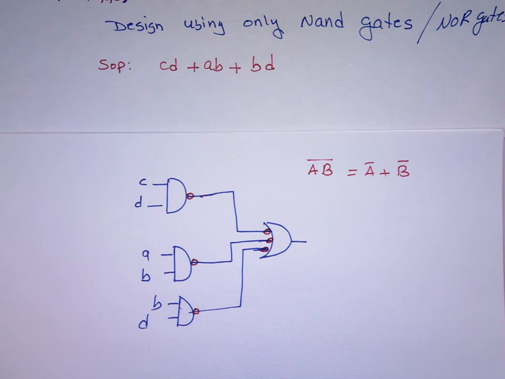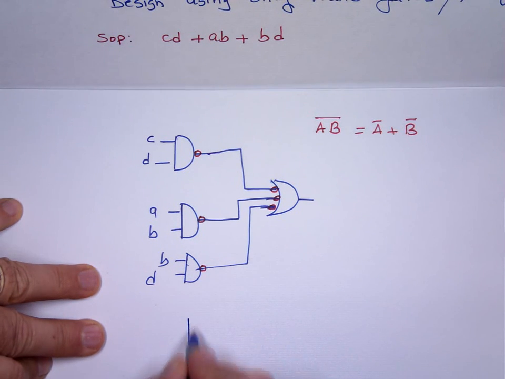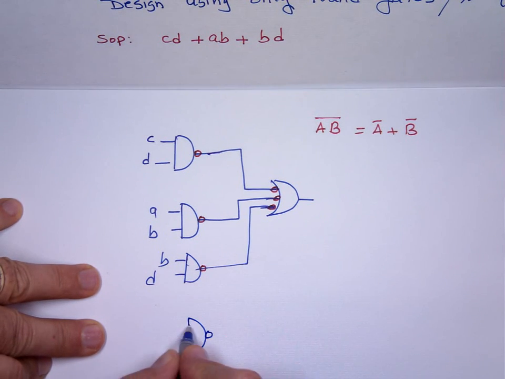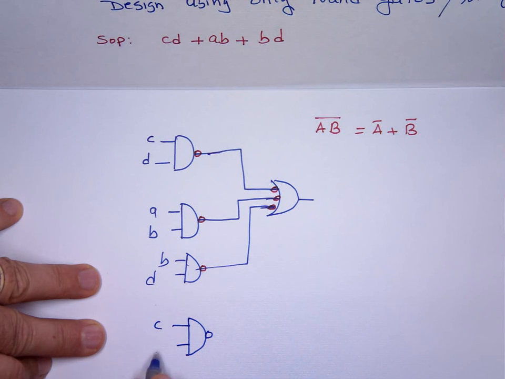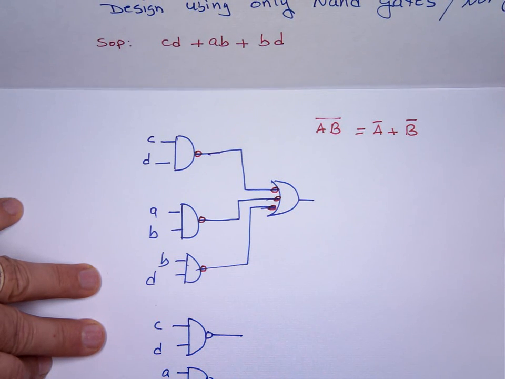I got a problem actually. I got to use 2 chips here in the design. I do have a chip that has 4 NAND gates on one chip for 2 inputs.